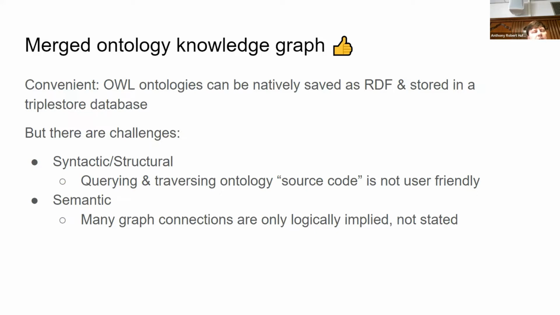Ubergraph is looking at how to represent ontologies as graphs if you want to work with it as a graph. There are also semantic issues: a lot of the graph connections that are logically implied aren't stated, because you're supposed to be using an OWL reasoner and have that OWL semantics available to you.